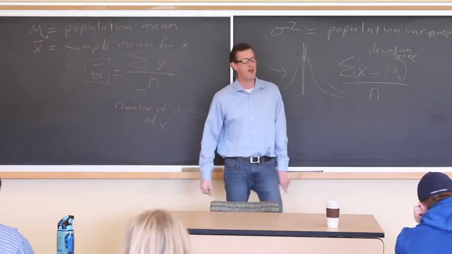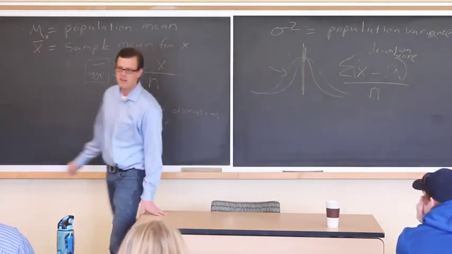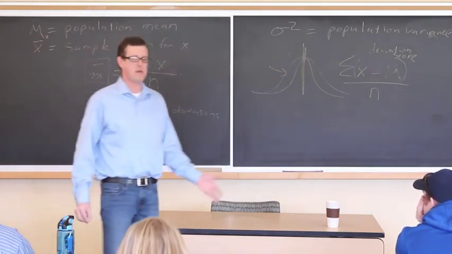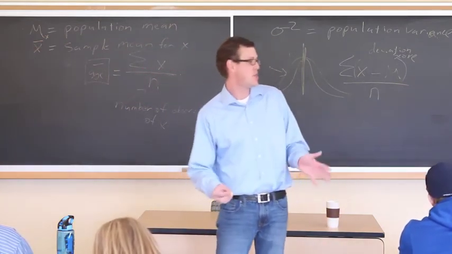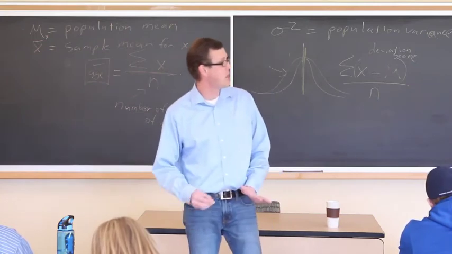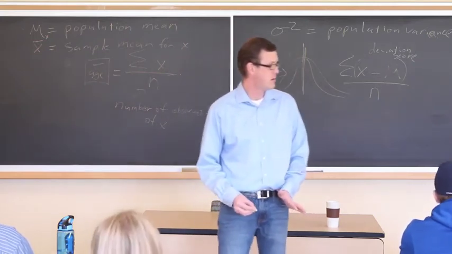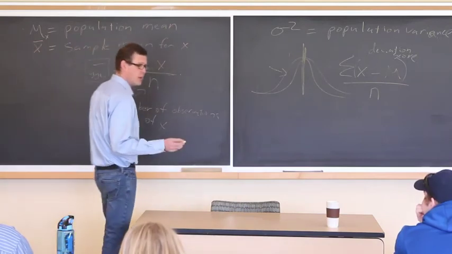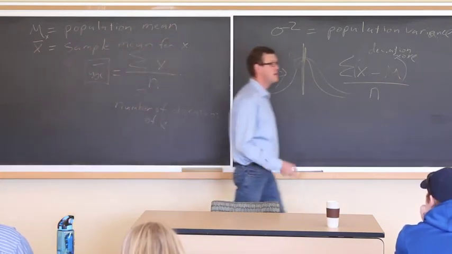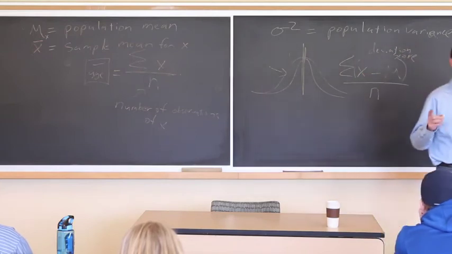So if we summed up all the deviations and divided by n, what would we get? This is true no matter what data set that you have. It's not 1. Did you say 1? I yawned. Oh, you yawned. Your yawn sounded like one.